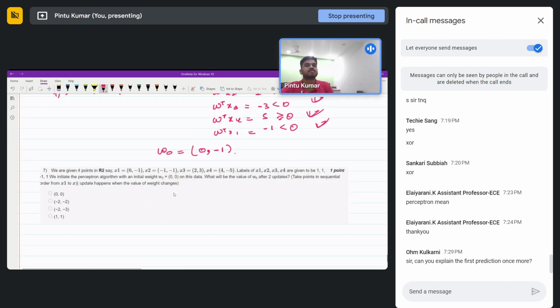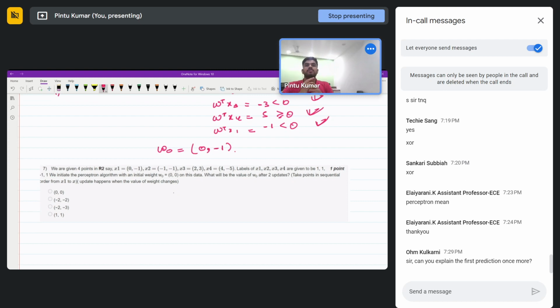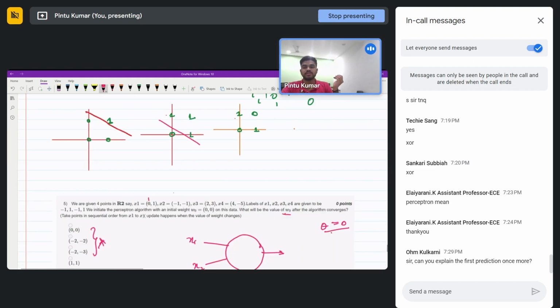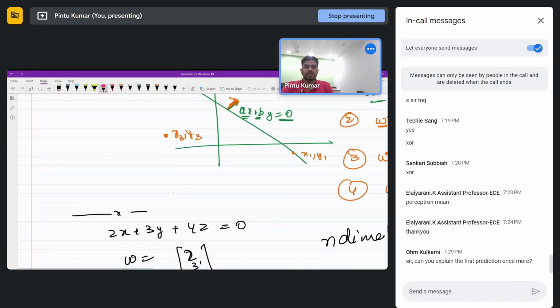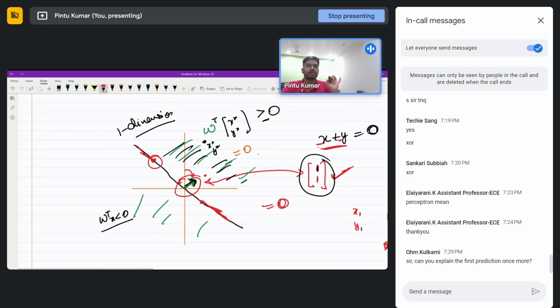Here is another very similar question to what we did. What we need to do is, for every point, we start with the W naught that we had.